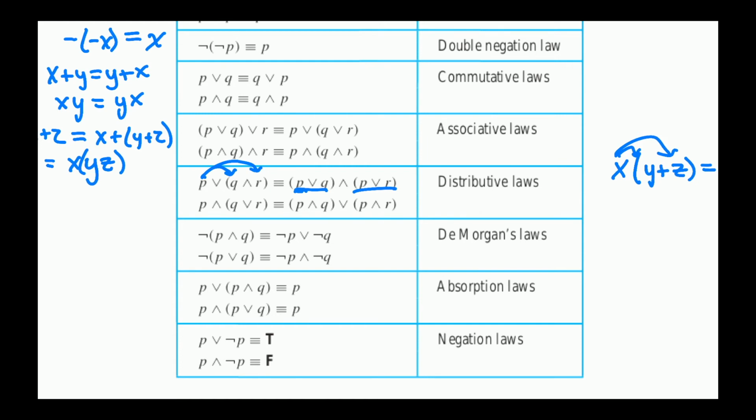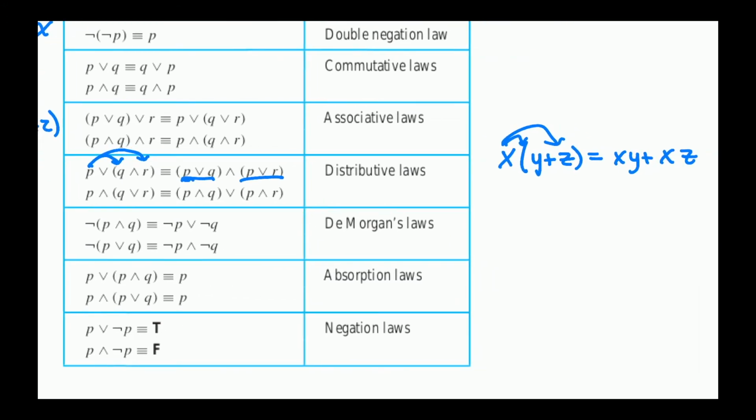And then the way the operations go is, so if you look here, the operation between x and the y, like between x and everything else, is multiply. So between x and the y is multiply, and x and z is multiply. And then the inside operation is a plus.